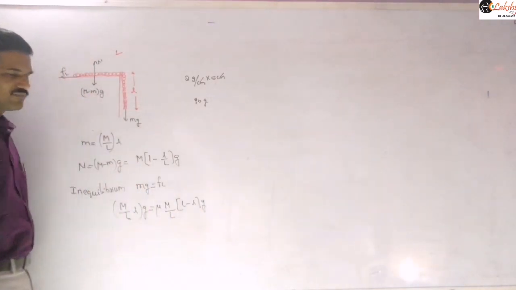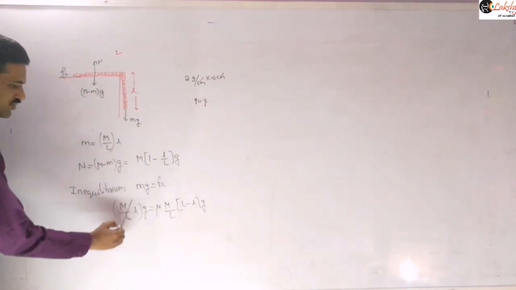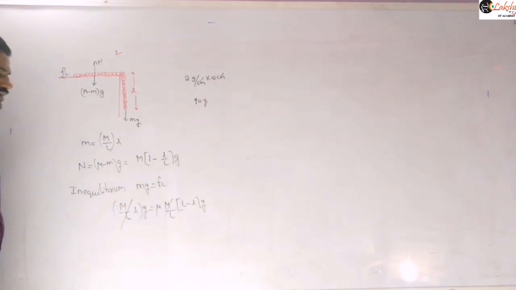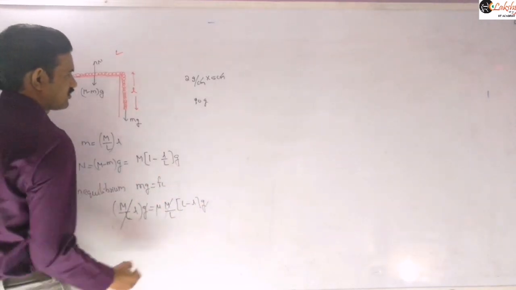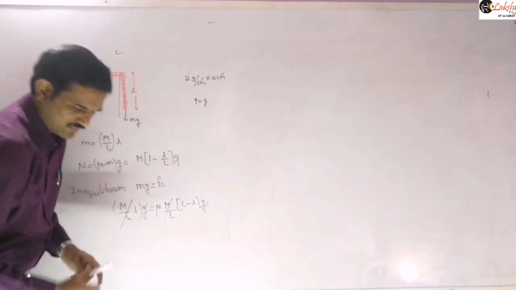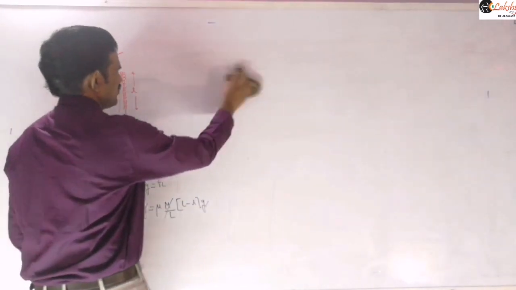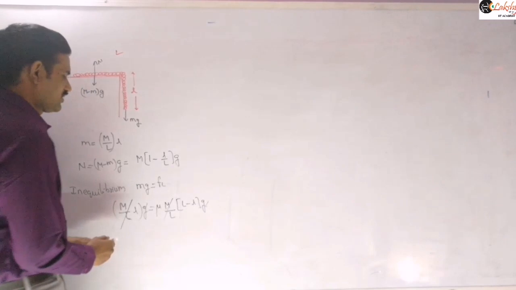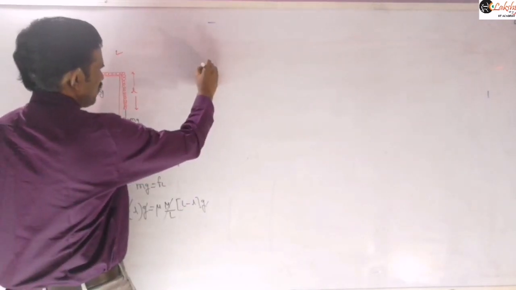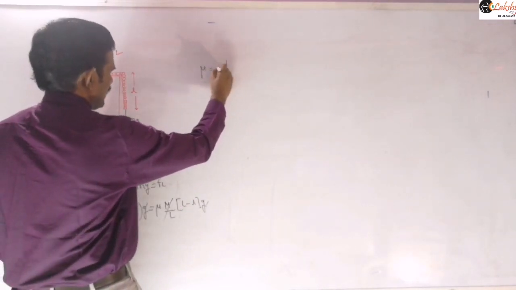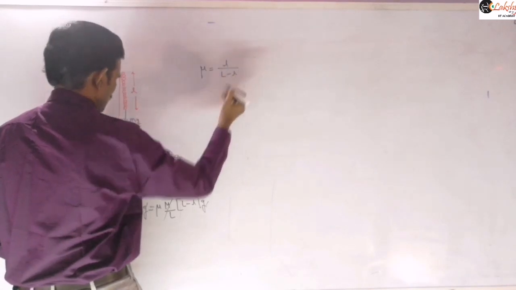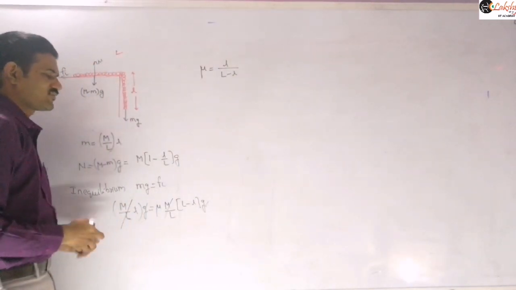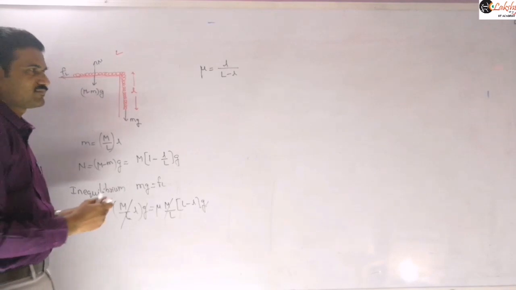M by L and g cancel there. Therefore you can write the coefficient of friction from this, and the coefficient of friction required is l by (L minus l). So that will be the coefficient of friction required.